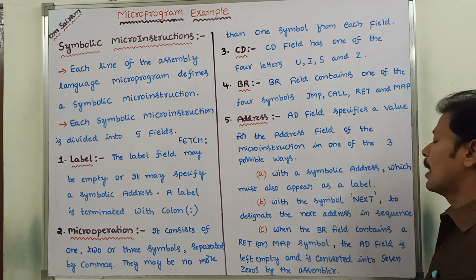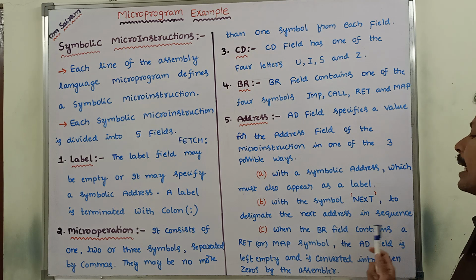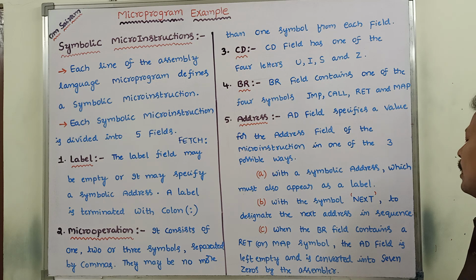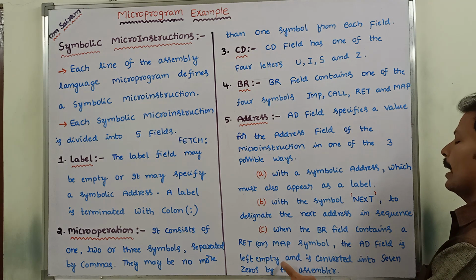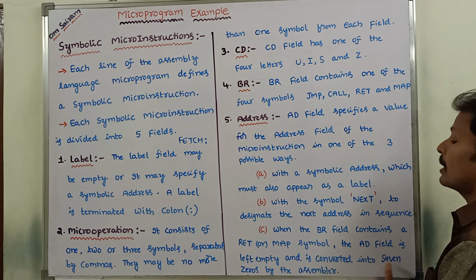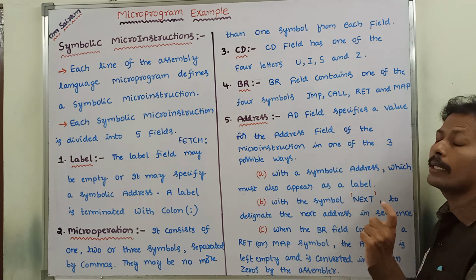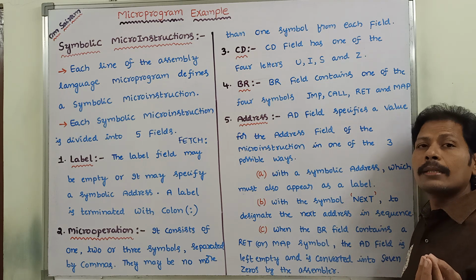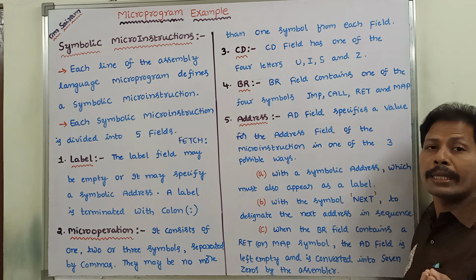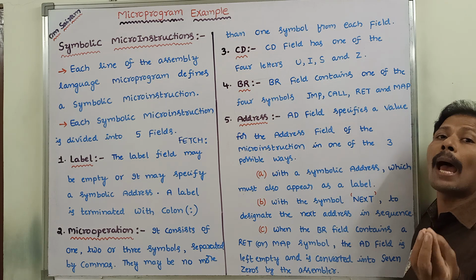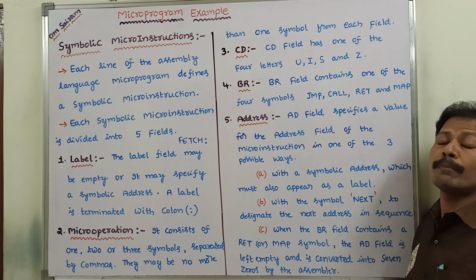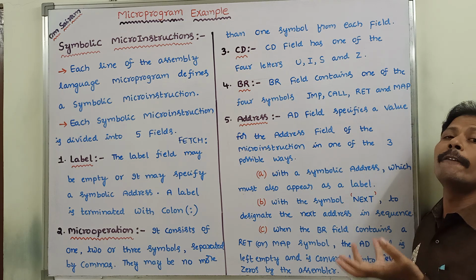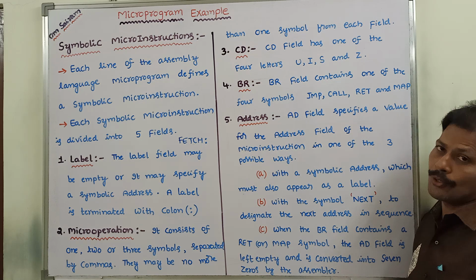Third one is when the BR field contains either a return or a map symbol, the address field is left empty and is converted into 7 zeros by the assembler. When the BR field contains either a RET symbol or a map symbol, at that time the address field is empty. That is filled with 7 zeros.